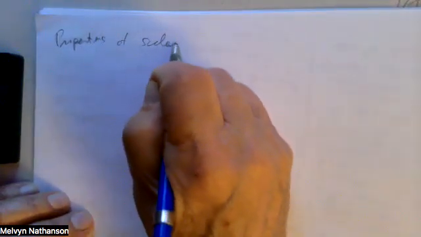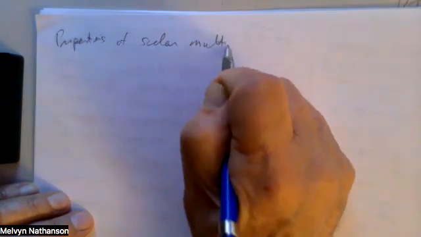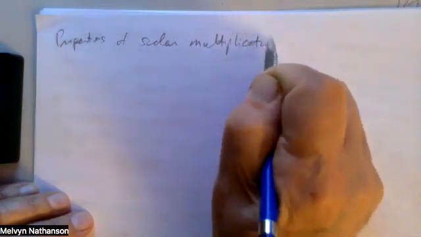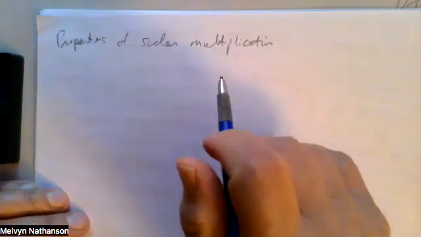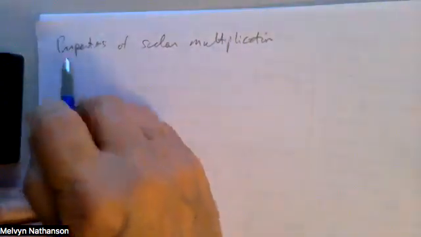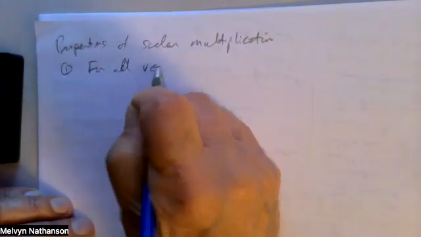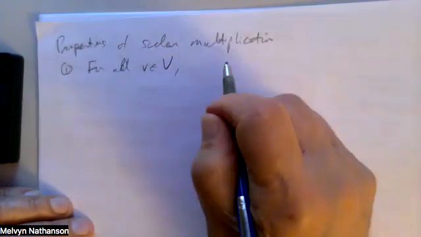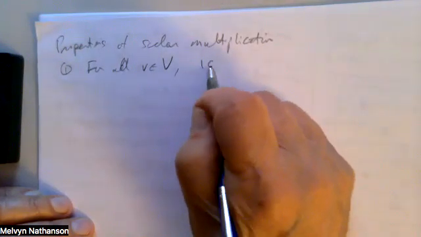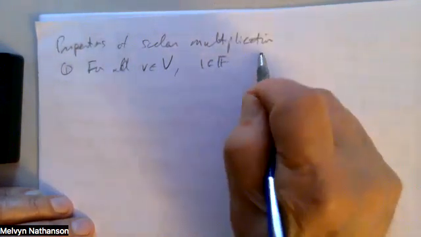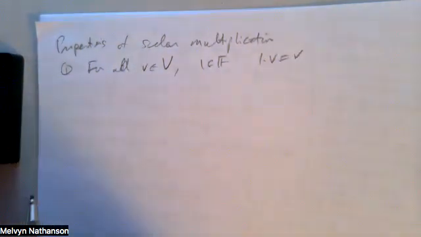We also have scalar multiplication. And what are some properties of scalar multiplication? First of all, for all vectors v in the vector space V, if you take the scalar 1 in the field F, 1 times any vector is the vector.